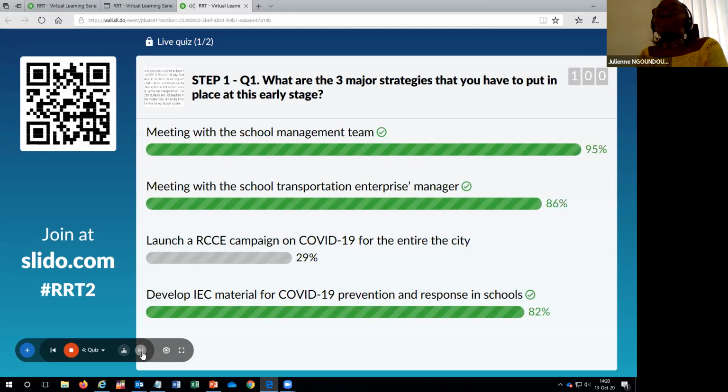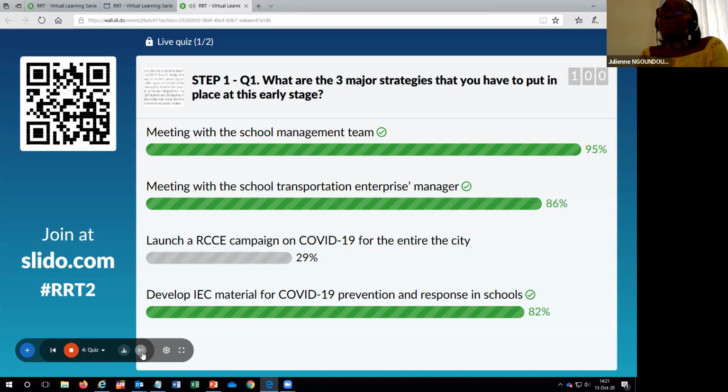This should not be the right way, because the situation is happening in the school, and the people who are really in need at this early stage are the school management team and the school transportation enterprise manager.